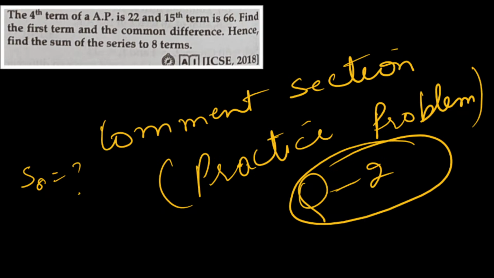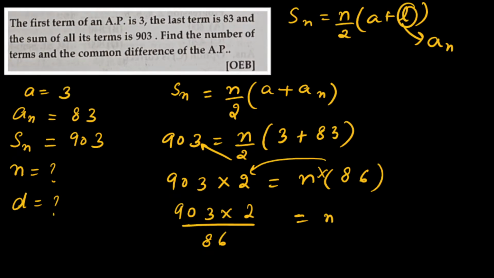Unless it is mentioned, you cannot consider it. It's mentioned fourth term of an AP and fifth term is 66. Find first term and common difference, only they have mentioned, not common ratio. And find the sum. Unless it is mentioned, we cannot assume.